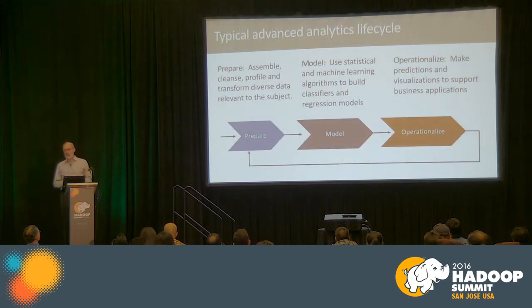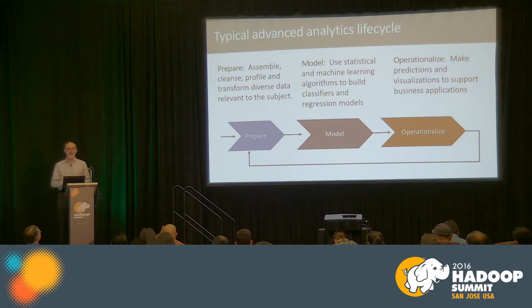So now I'd like to talk about a typical advanced analytics lifecycle. In advanced analytics, very often we have these 3 stages. First, we're preparing the data that we want to use for machine learning and analytics. We'll assemble the data sets we need, cleanse them, perform transformations, maybe explore them, perhaps even join multiple data sets. Once we've prepared the data, then we can go on to the modeling step.